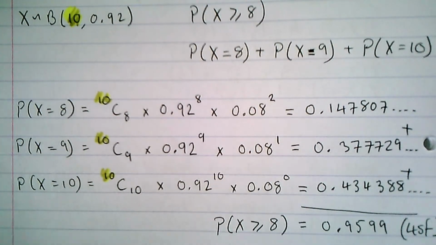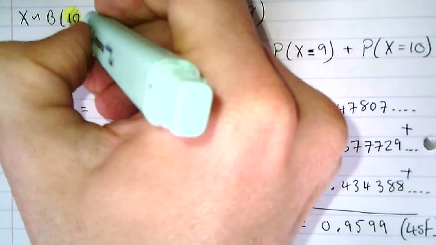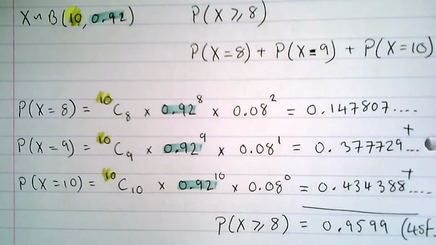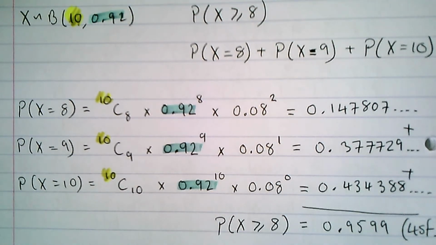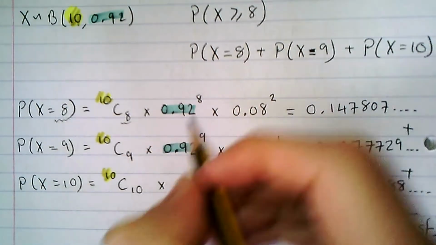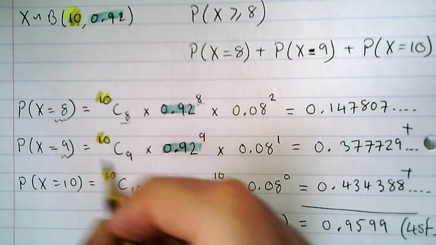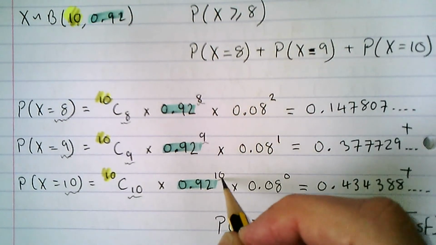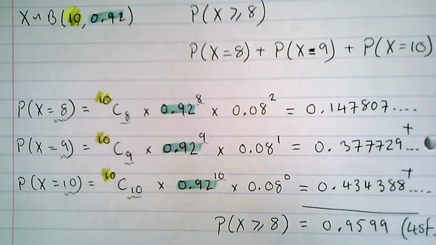That's the number that I am choosing from. And then here I've got my probability of success, 0.92, and again that is prevalent in my standard structure too. My 8 matches up with my 8 there and my 8 there. My 9 matches up with my 9 there and my 9 there. My 10 matches up with the 10 there and the 10 there. So the same structure all the time.